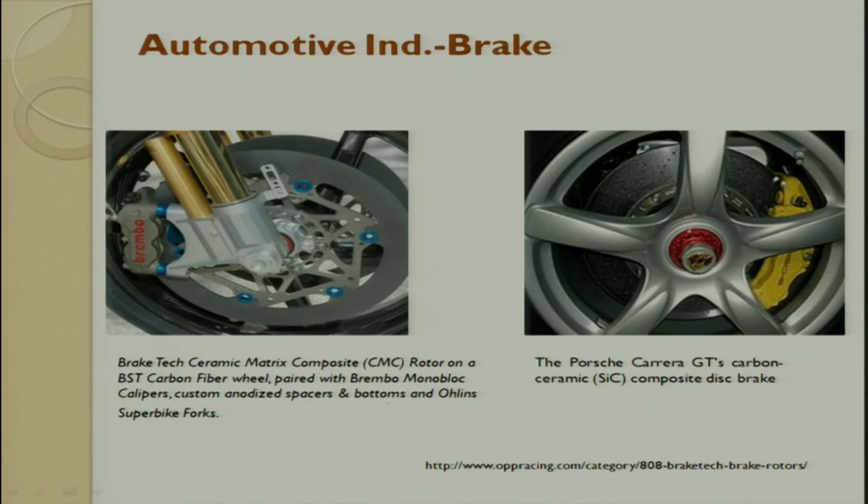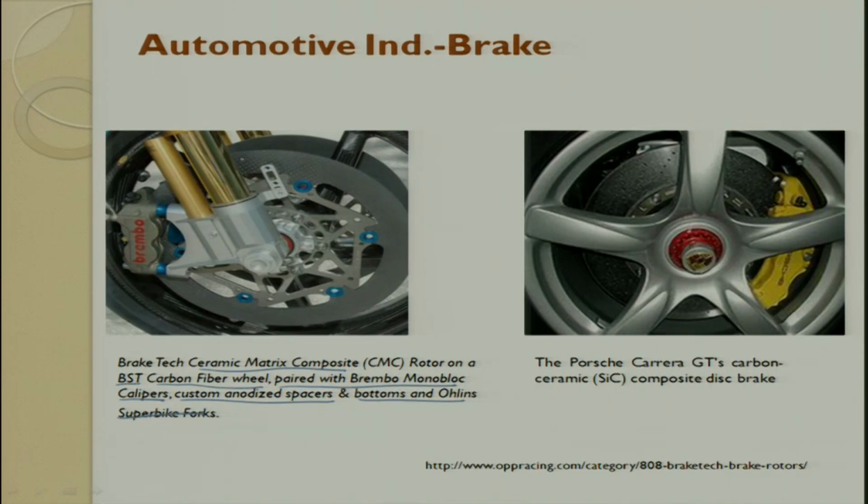If you look at it, these are ceramic matrix composite rotors on a BST carbon fiber wheel. Carbon fiber wheel is very lightweight. So, paired with a Brembo monoblock caliper, custom anodized spacer, and the bottom of these super high bike forks.